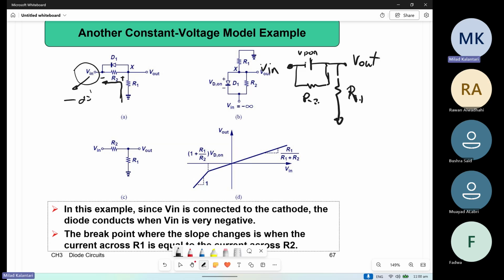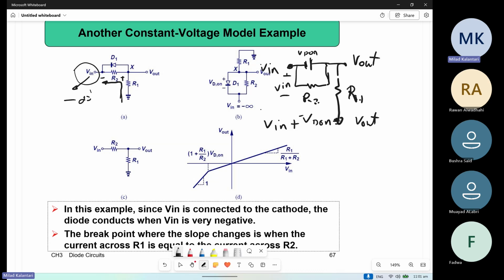There is a battery here. Vin. So you start from this voltage, right? This voltage is Vin, and plus VD on is Vout, right?